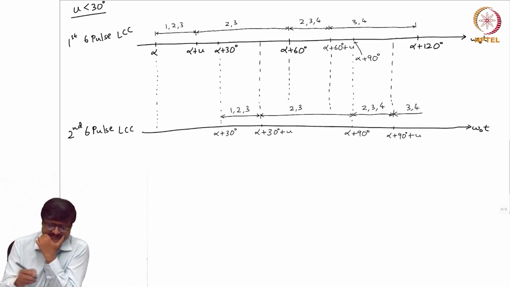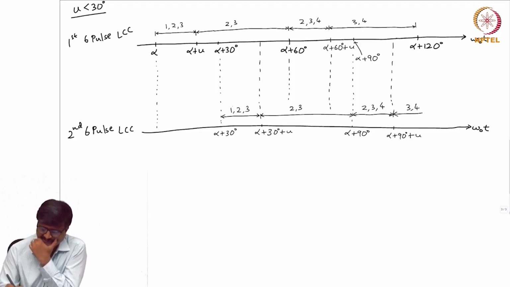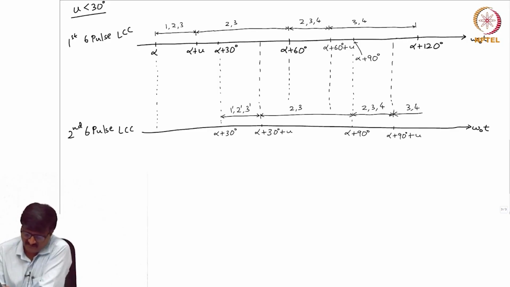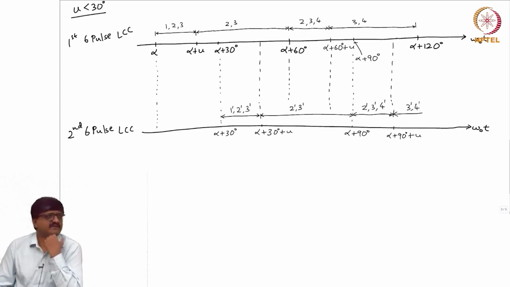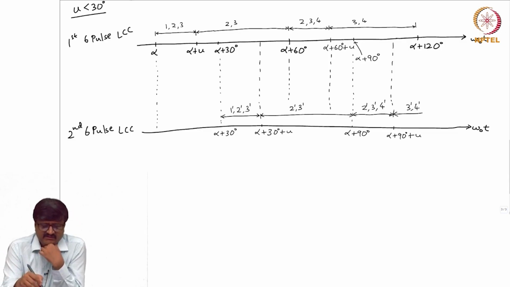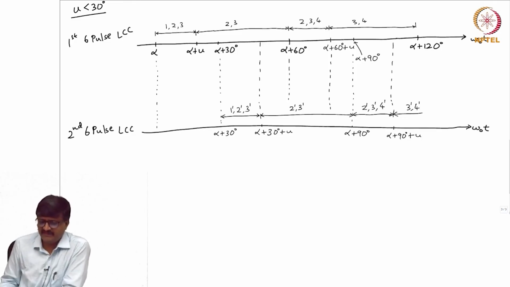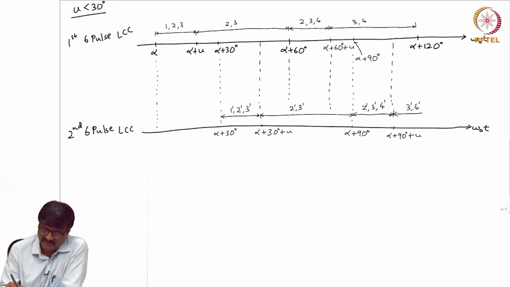Okay, I think it's better if I slightly change the notation. Instead of 1, 2, 3 valves, I will use 1 prime, 2 prime, 3 prime for the second 6 pulse LCC. 4 prime is also there. Now, if I together write the valves that conduct among all the 12, from alpha plus 30 to alpha plus 30 plus u, it is 2, 3, 1 prime, 2 prime, 3 prime.